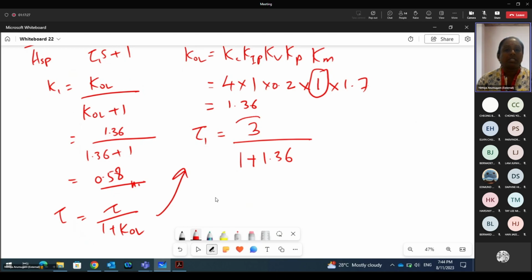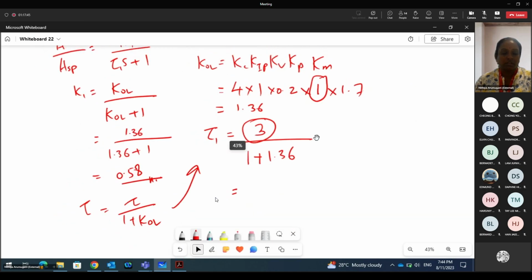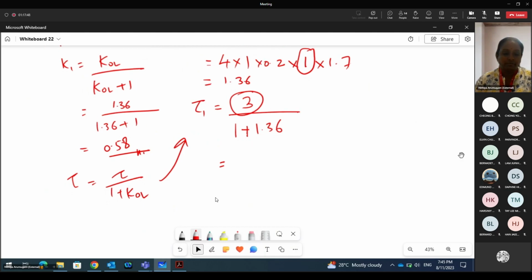So now, 3 over 1 plus 1.36 will be 1.27 minutes. Okay, this is for tau.